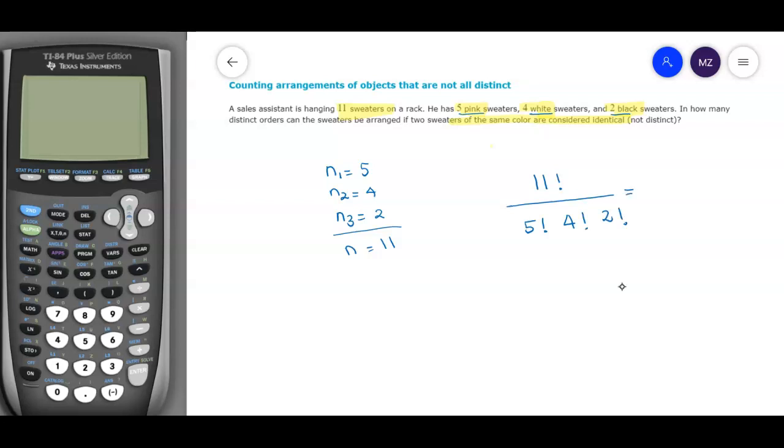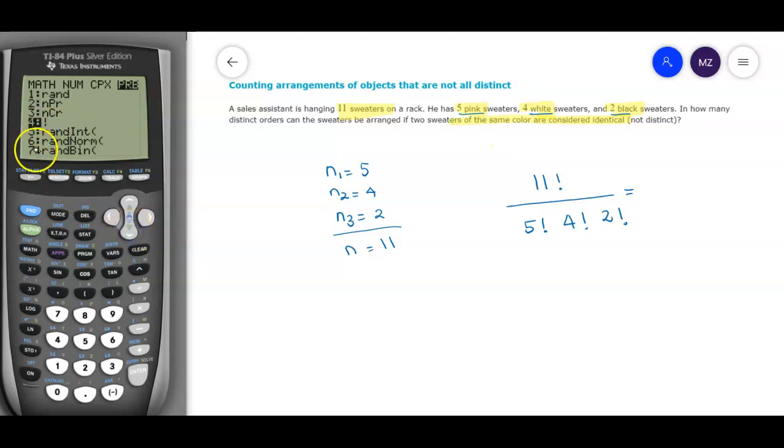And well, I did it by hand last time, so I don't agree with doing this by hand, so let me show you how to do it on the calculator. All right, first of all, let me show you how you go to the factorial. You go to math, you go to probability, so you go on the right, probability, and then you see factorial is number 4, all right?